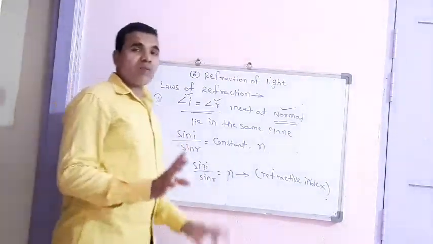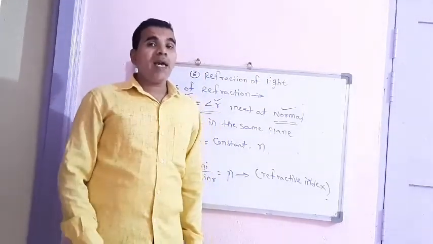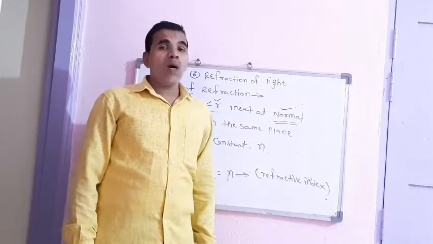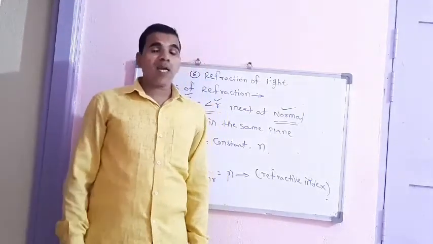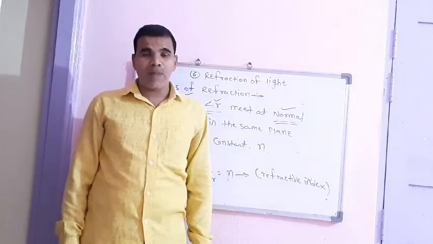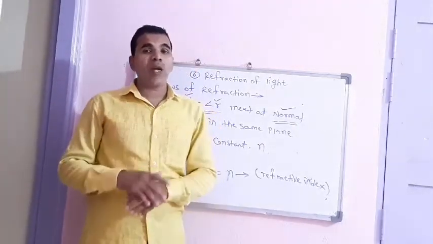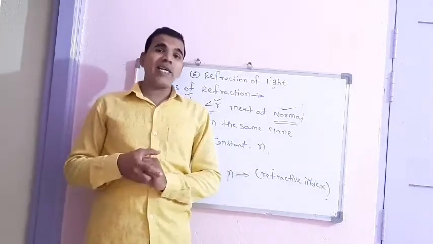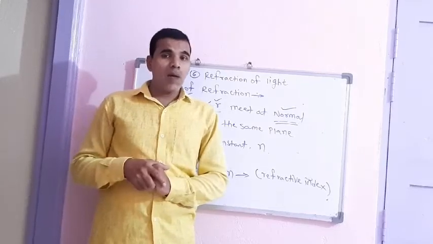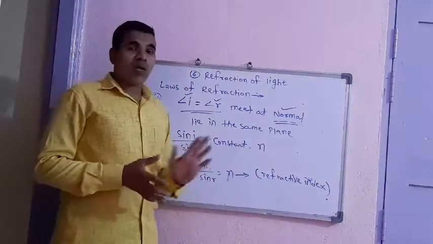For different substances, the refractive index is different. Air has a refractive index of 1.0003 and diamond has 2.42. So refractive index depends on the velocity of light. In the next period, we will discuss the next point related to refractive index.